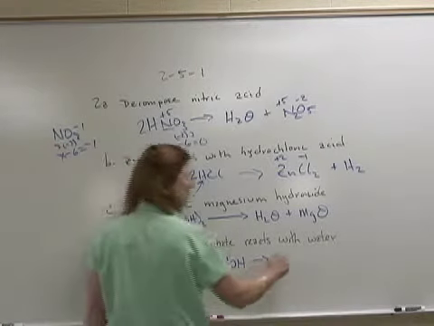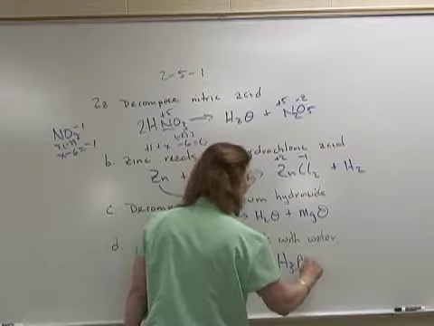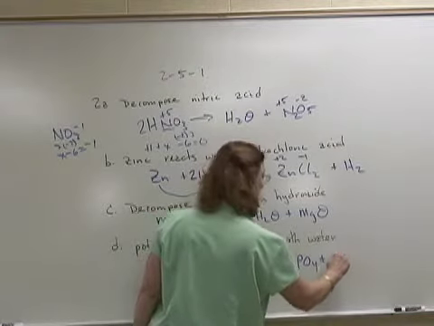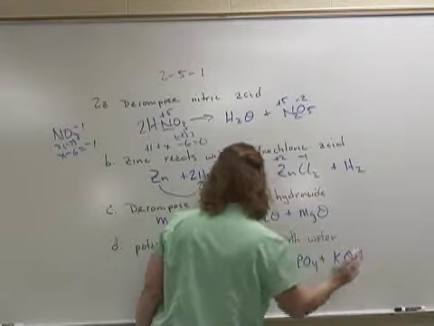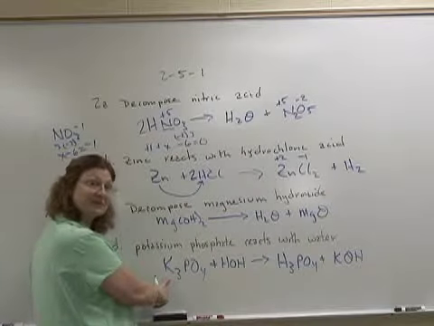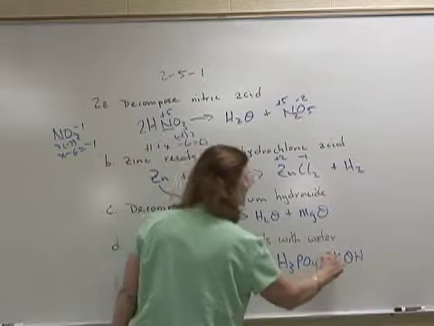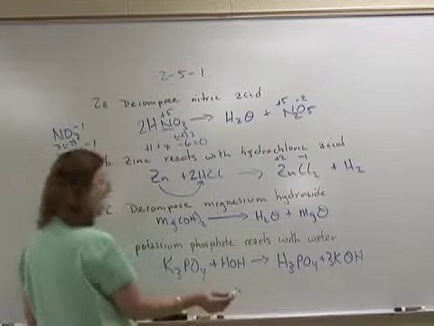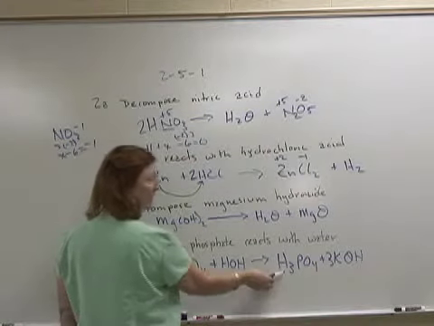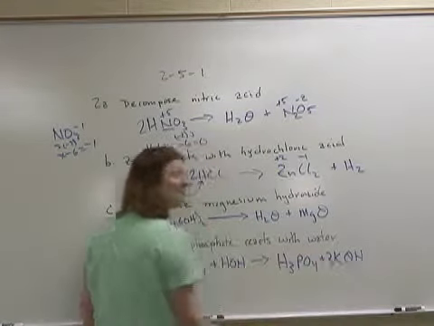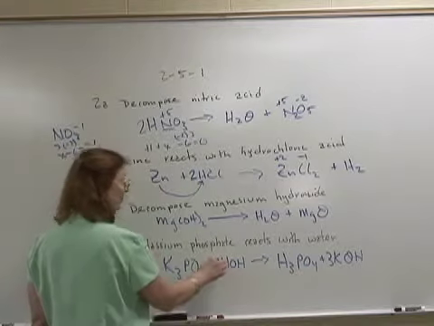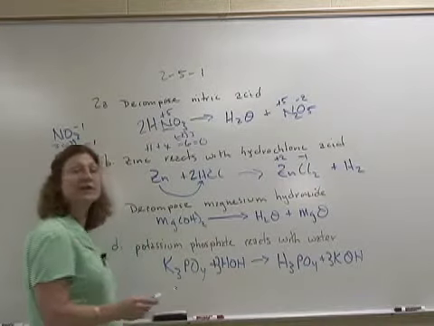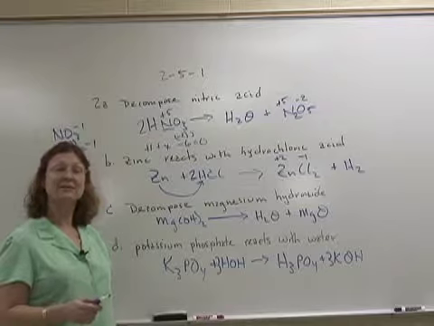My acid is phosphoric acid, and my base is potassium hydroxide. And because I have 3 potassiums here, I must have 3 potassiums here. And therefore, this gives me 3 hydrogens plus 3 hydrogens is 6 hydrogens. And therefore, I must have 3 waters in order to balance my number of atoms.